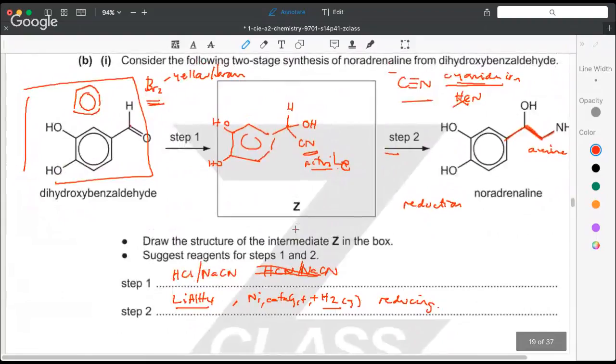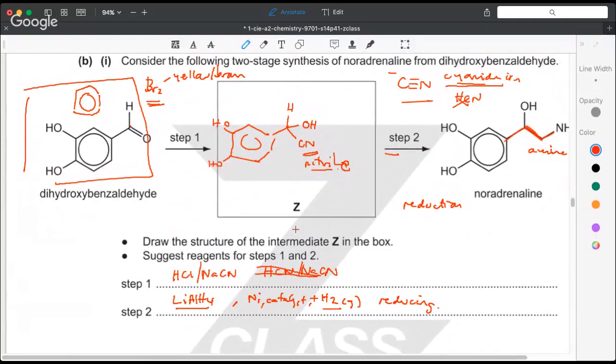Now, bromine and benzene, they don't react together. There's something about this molecule that is allowing the benzene and the bromine to react with each other. And the reason is you've got these groups here, which are called activating groups.